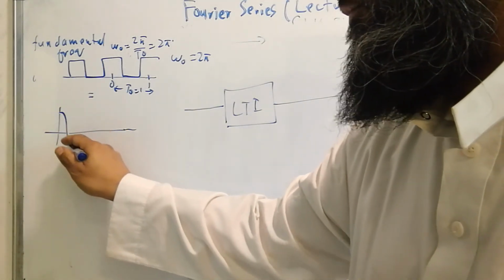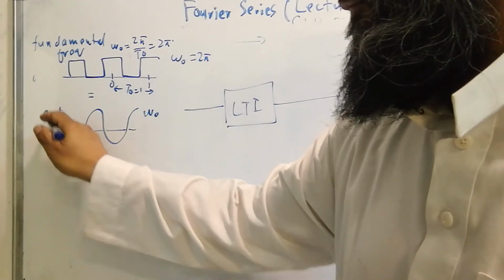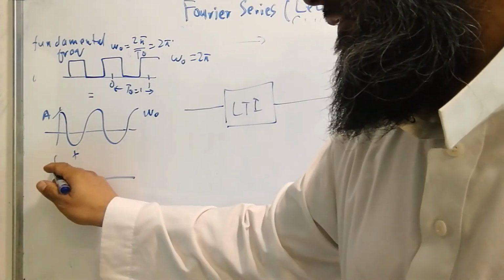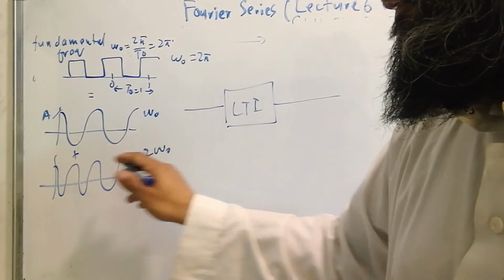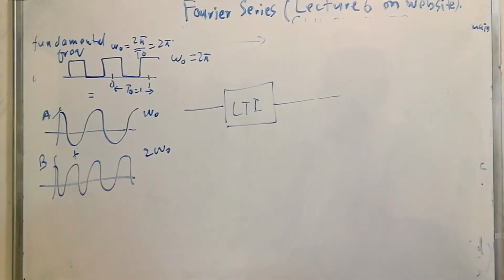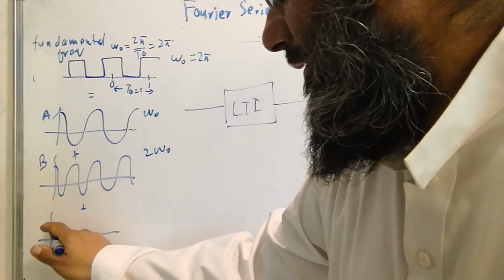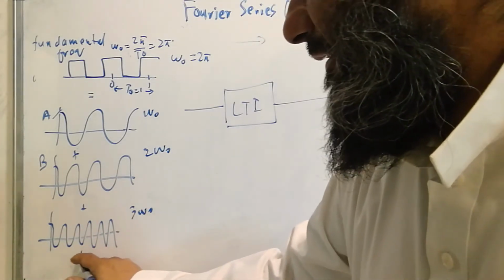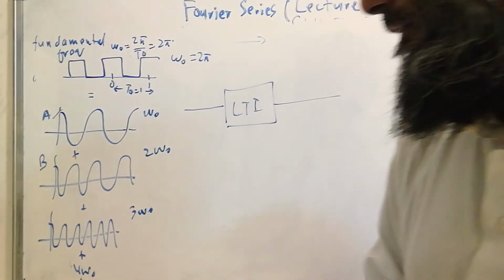The first harmonic will be the fundamental frequency, which is omega naught, with an amplitude of A. The second will be the faster one, double the frequency, twice as fast as the fundamental, with another amplitude B, plus triple, so 3 omega naught, plus 4 omega naught, plus 5 omega naught, and so on.